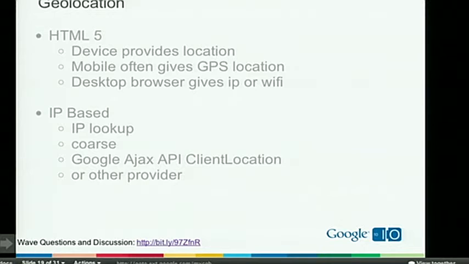Okay, so I'm going to spend a few more minutes here talking about geolocation. Now, geolocation is the process of getting a device to tell you where you are. This is one of the places where these mobile devices actually have something over the desktop and the laptop environment, which is that these things actually know where they are.